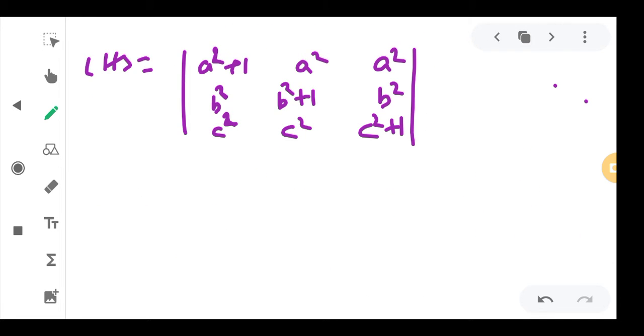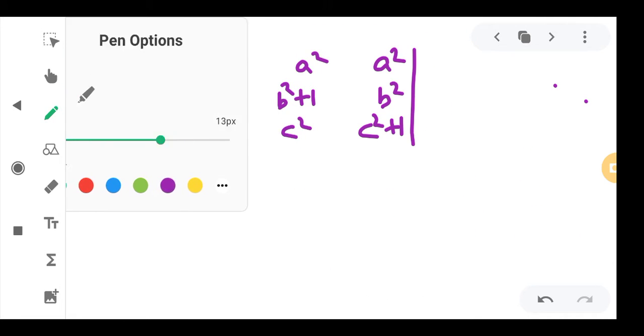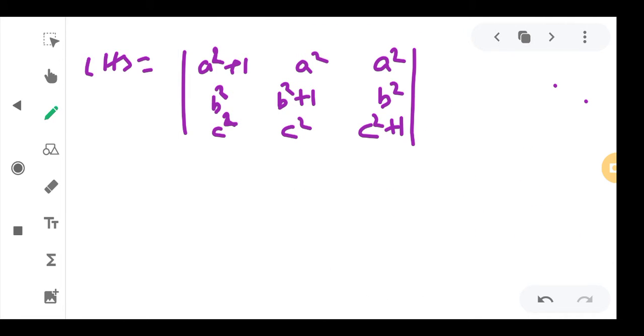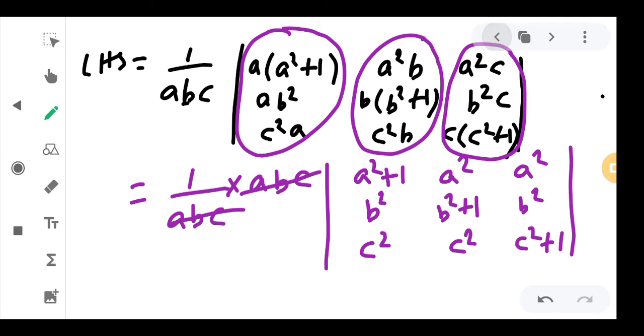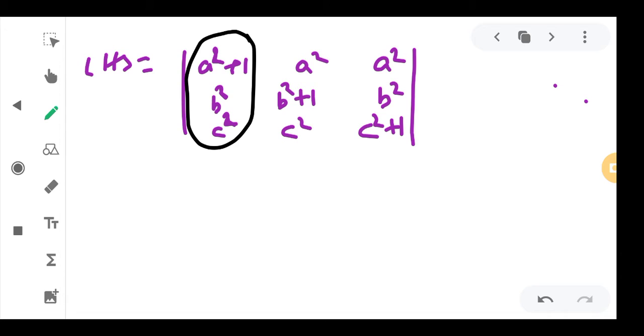Now you can observe easily. What will I do? I will add c1 plus c2 plus c3, correct? So I will do r1 as r1 plus r2 plus r3, correct?